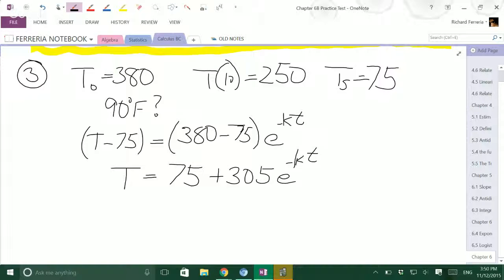Once you have that equation, you can just use your one piece of information, which is right here. That piece of information right there is going to help me out. T10, why did I do that?